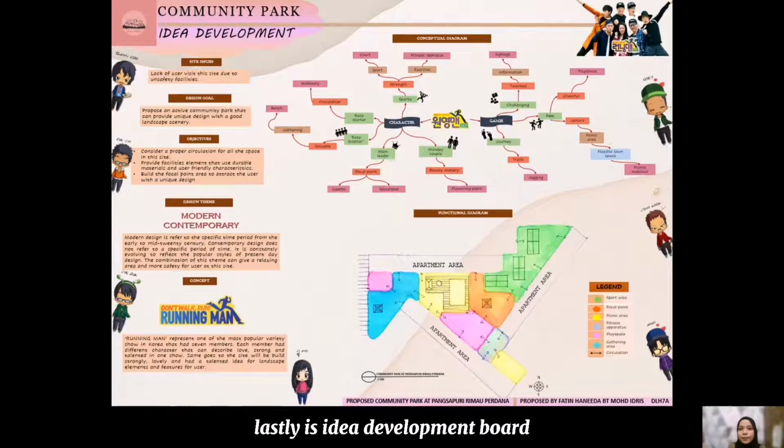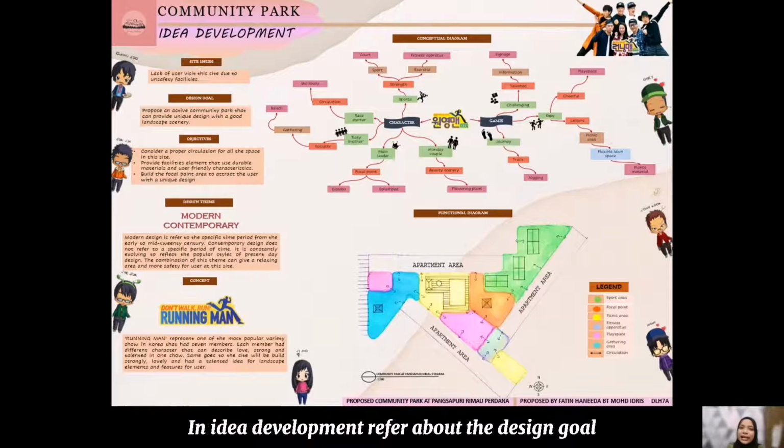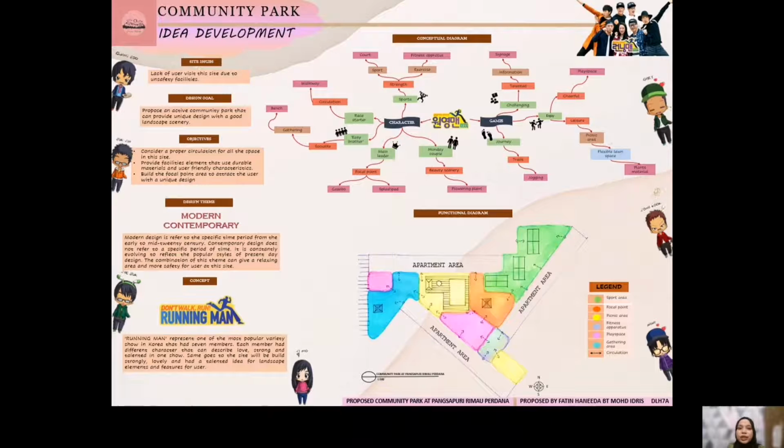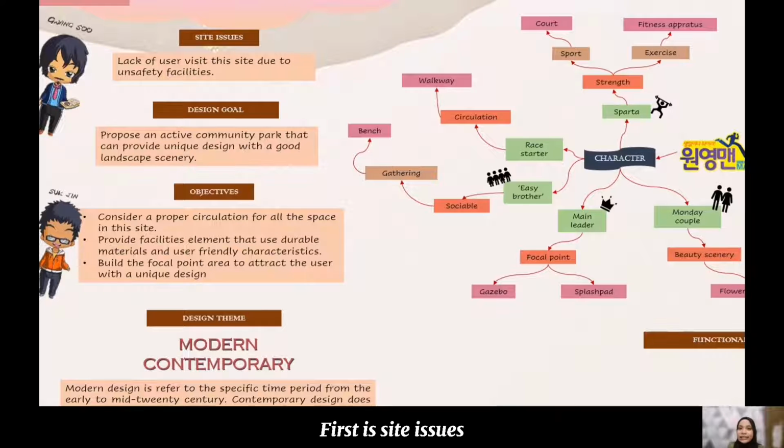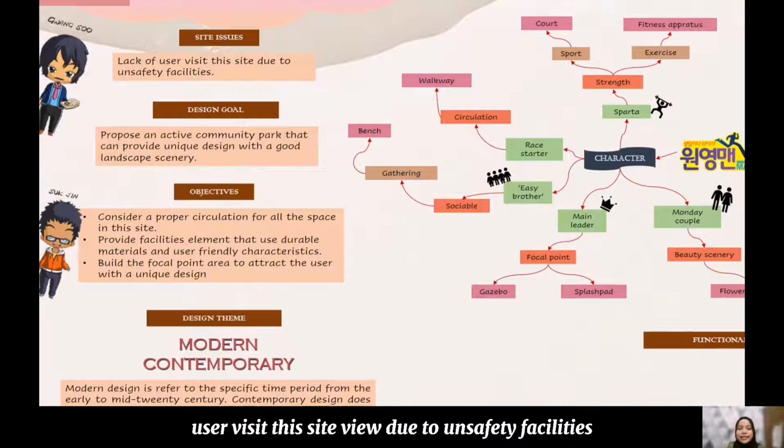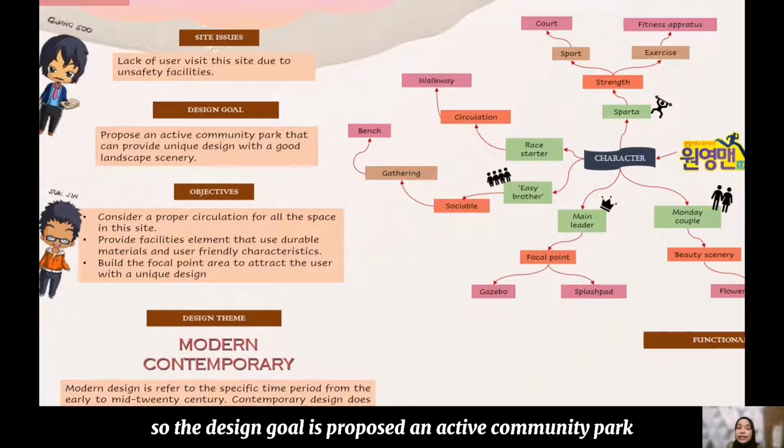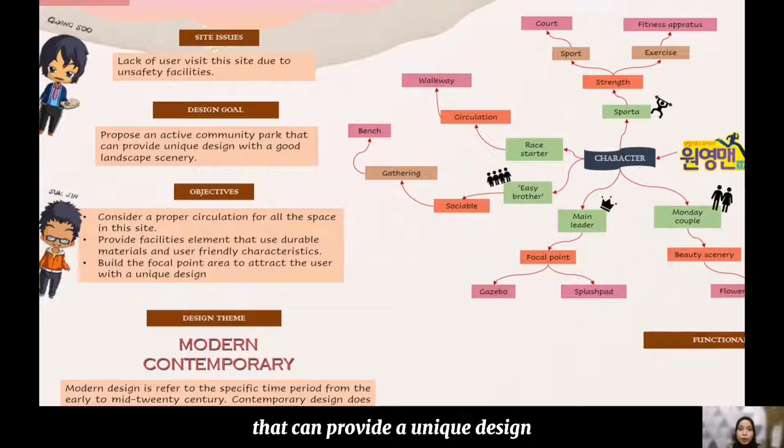Lastly is the idea development board. Idea development refers to the design goal, objective, and concept to be integrated into the proposed design. First, site issue. The issue at this site is lack of users visiting this site due to unsafe facilities. So the design goal is to propose an active community park that can provide a unique design with a good landscape scenery.